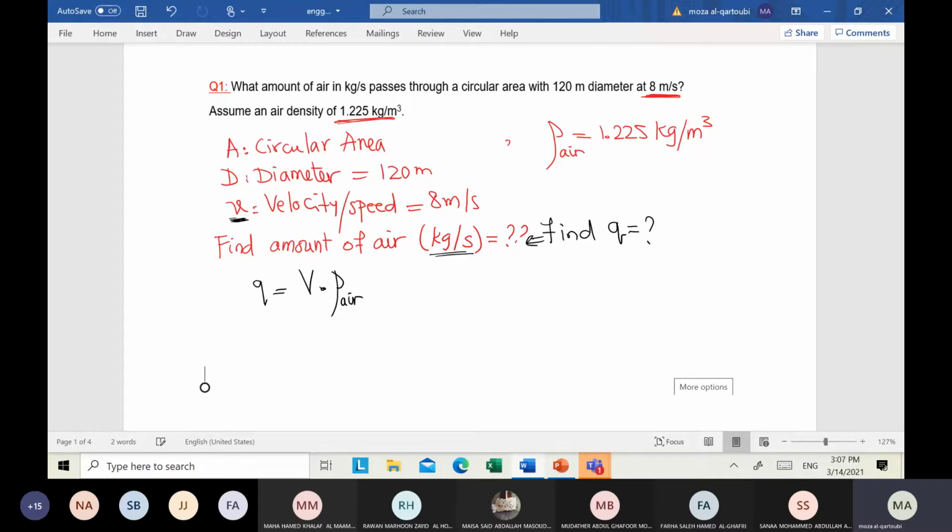I mean by V small here and V capital here in Q: V small is the velocity or speed given in the question, 8 meter per second, but the other V here is a volume. So Q will be volume times air density. How to find the volume of air?